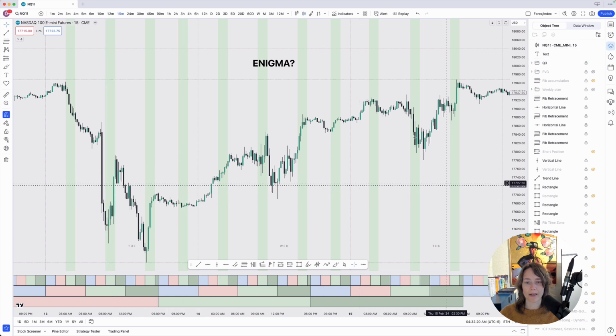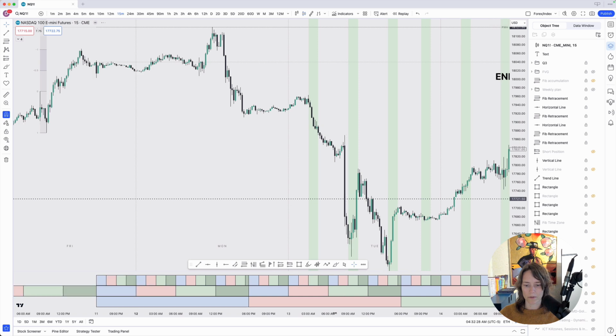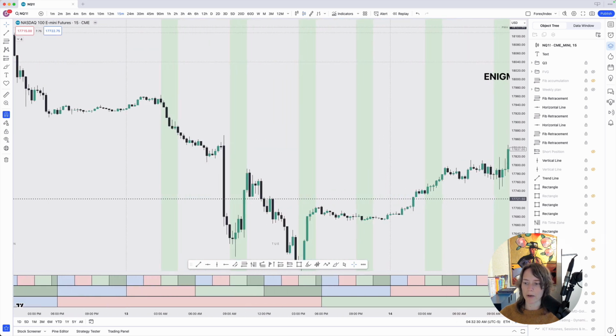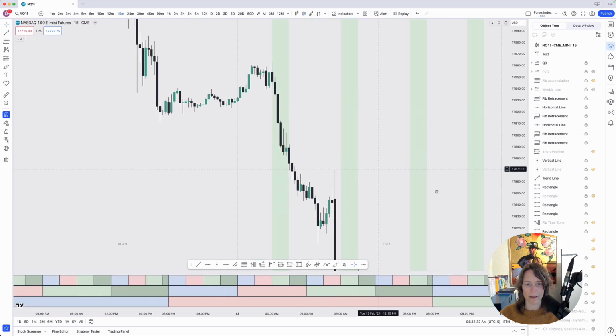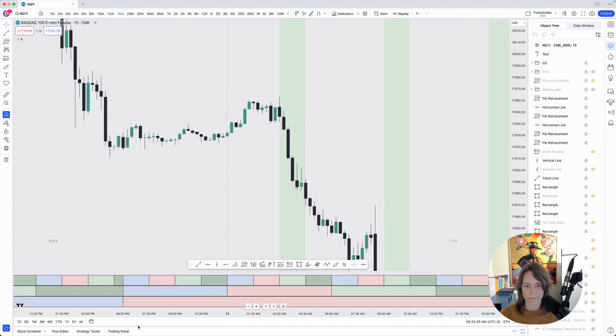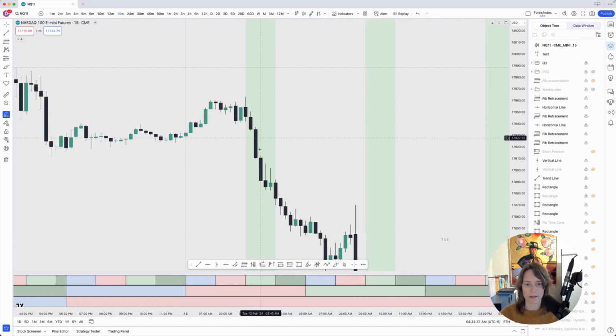So now we have a lens of time on the chart. And what I'd like to do in that lens of time is zoom in to each specific piece of price action within that green zone. What you see over here in this price leg, we had a massive displacement down.